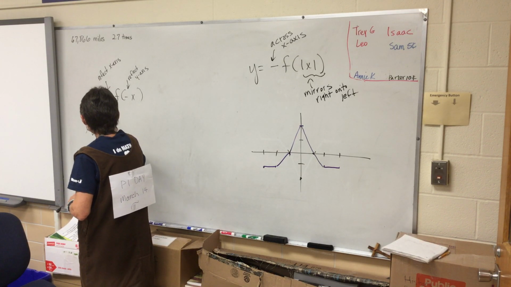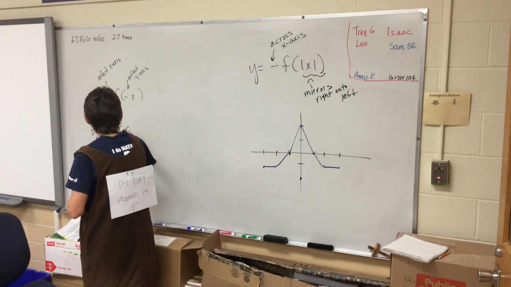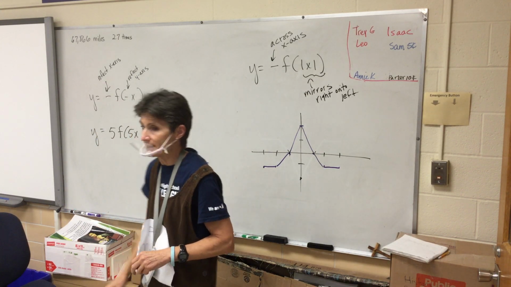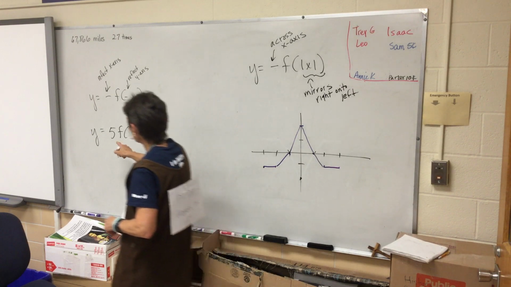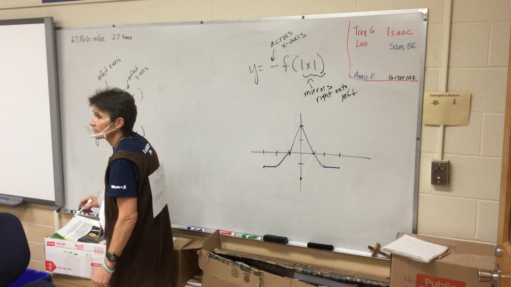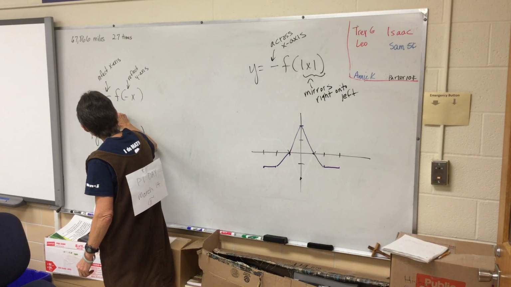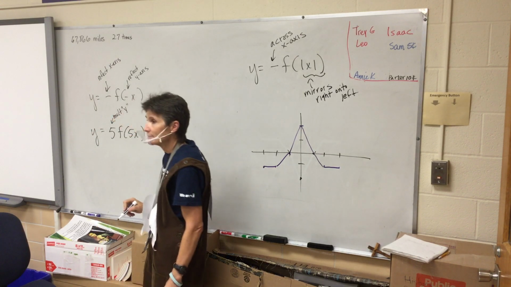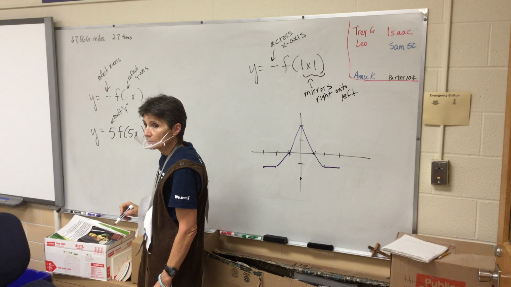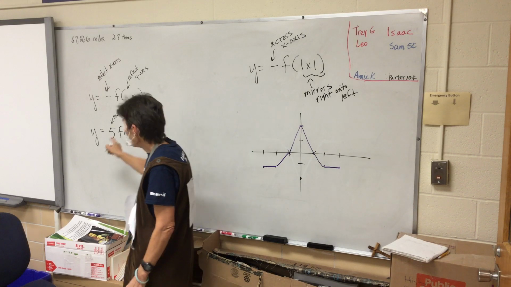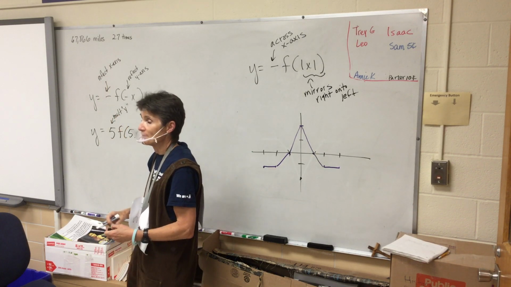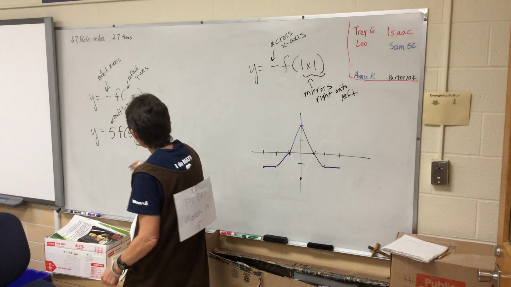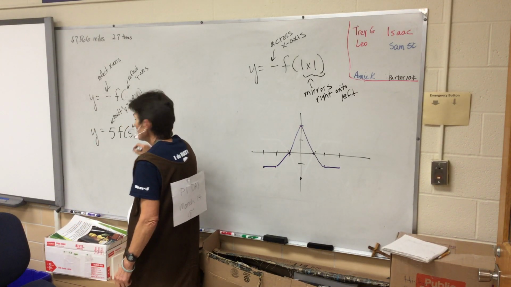What about, let's make up a number, 5, f of 5x. What about multipliers that you put in there? What does this multiplier do? Multiplies the y, multiplies the height or the y, right? So if that's a 5, it's going to be 5 times as tall. If it's a 1/2, it's going to be half as tall. What does this one do?